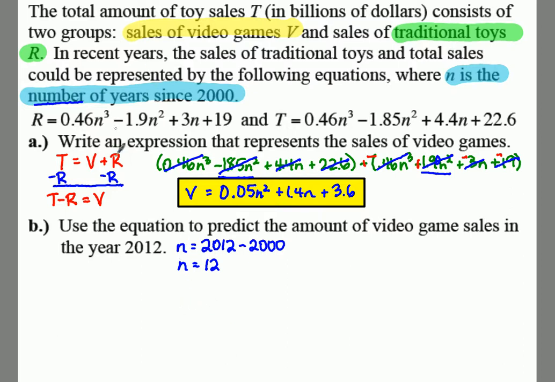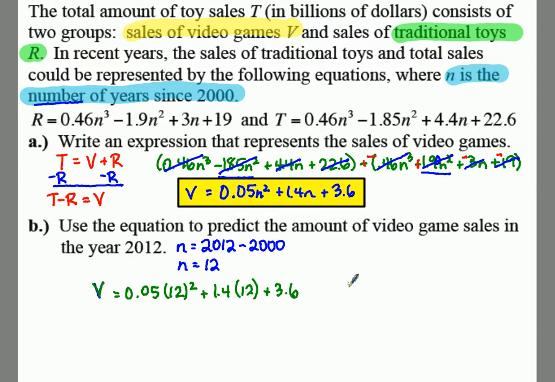Let's make this green. V is equal to 0.05 times 12 squared plus 1.4 times 12 plus 3.6.